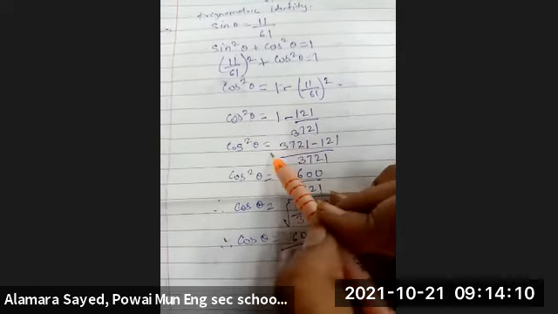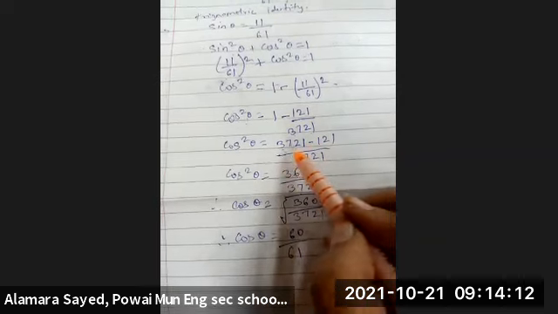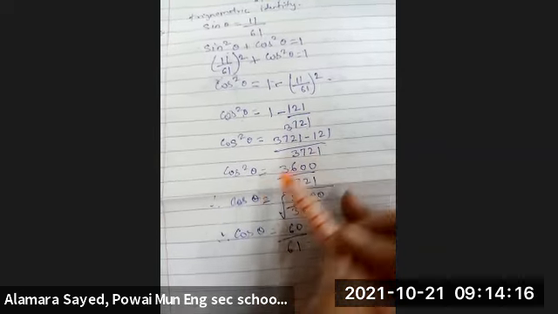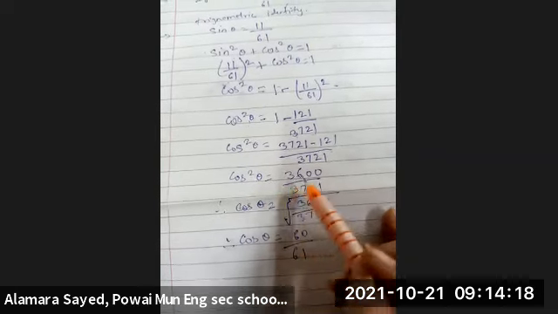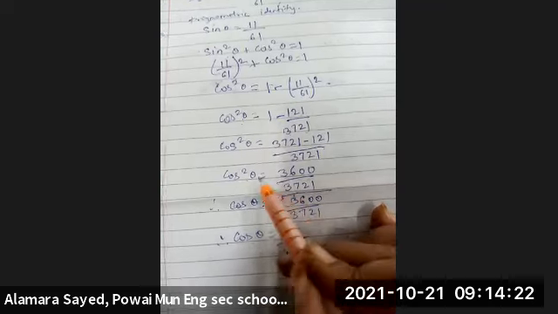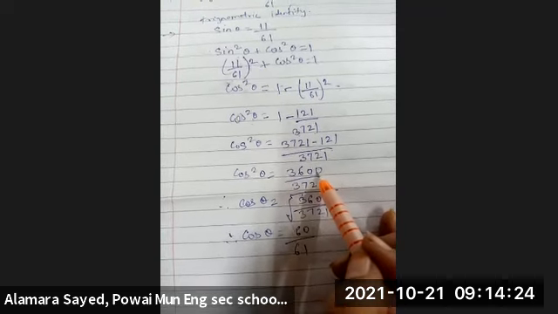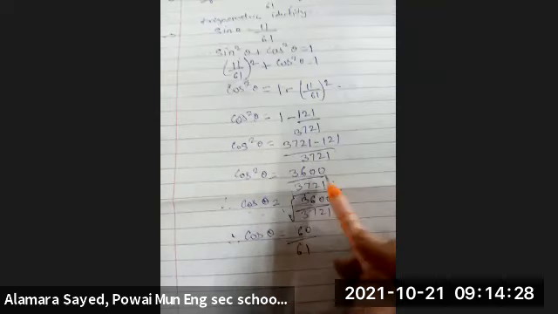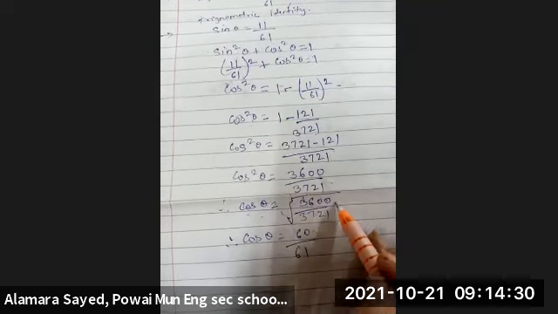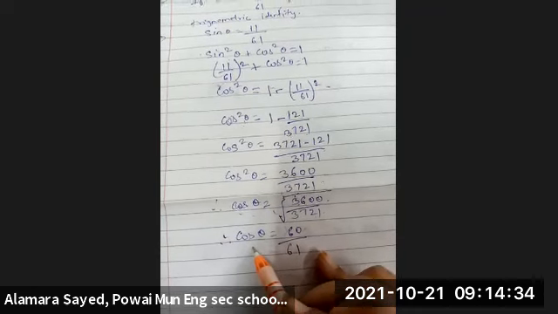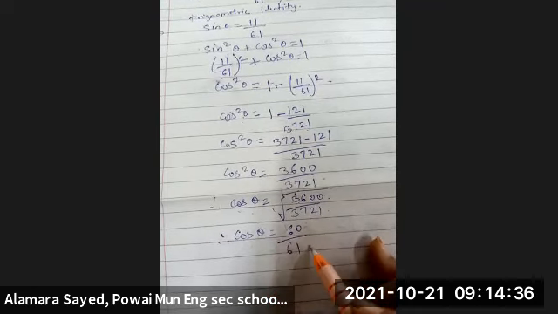Cos square theta is equal to 3721 minus 121 upon 3721, so cos square theta is equal to 3600 upon 3721. This is the value of cos square theta. For finding cos theta, we take the root of 3600 upon 3721, so we will get the value of cos theta as 60 upon 61.